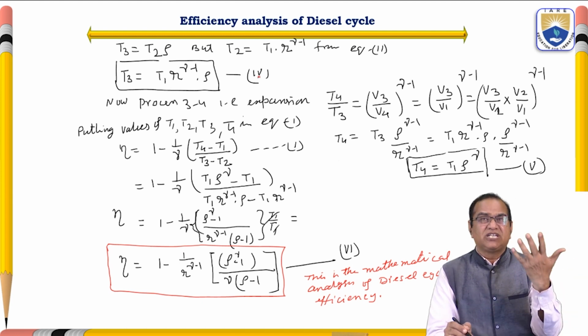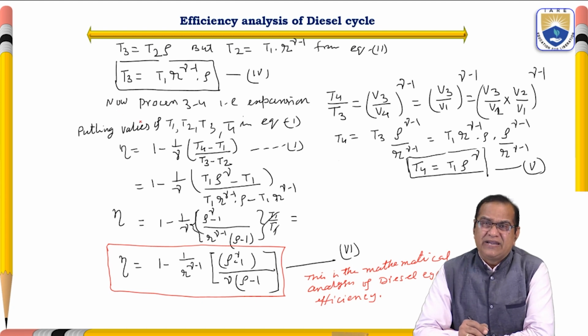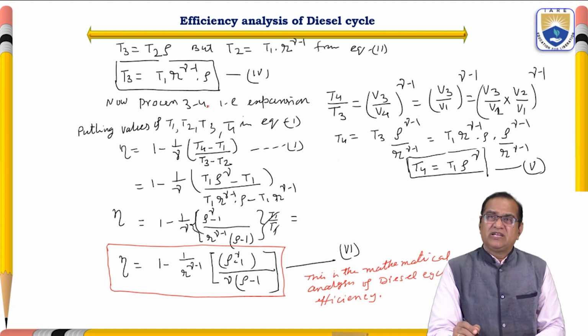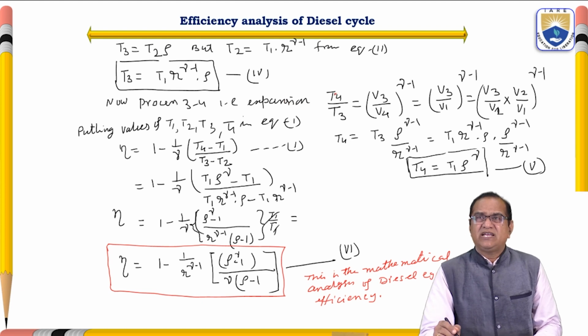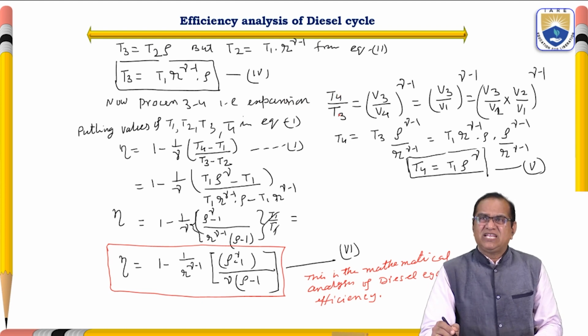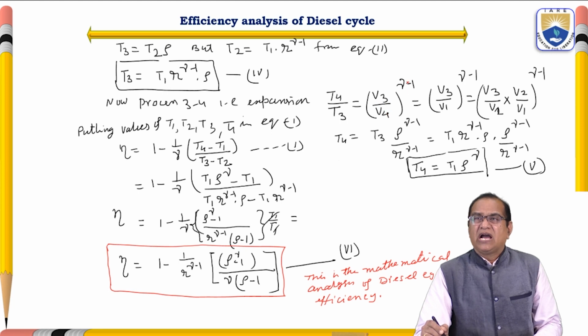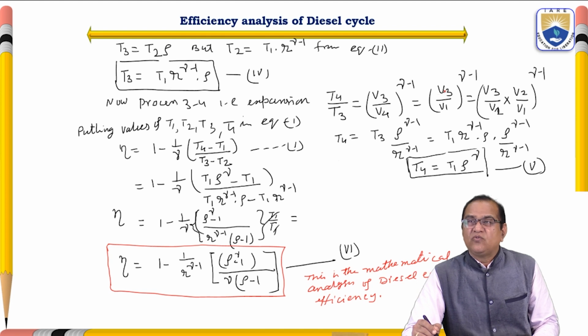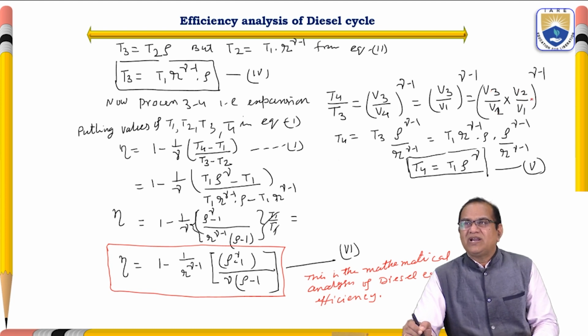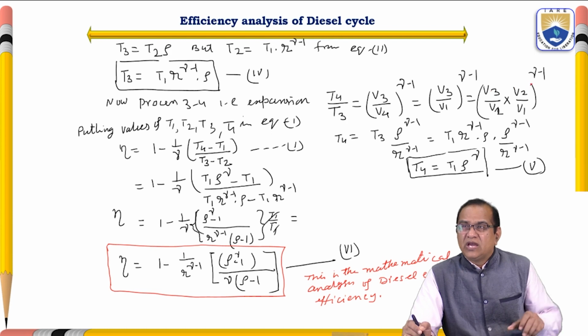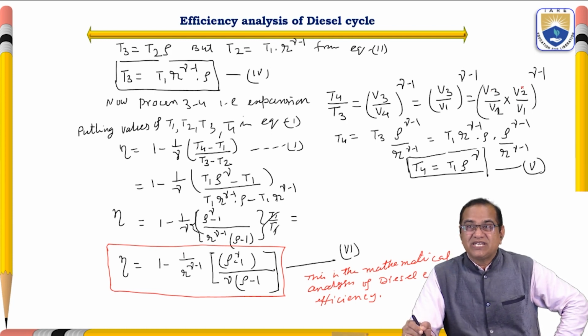Now we have to find T4, taking the isentropic process 3-4, the expansion. We can write that T4 by T3 is equal to (V3 by V4) to the power gamma minus 1. V4 is equal to V1, so we can write (V3 by V1) to the power gamma minus 1. If we take (V3 by V2) into (V2 by V1) to the power gamma minus 1, V2 by V1 is the inverse of the compression ratio, 1 by r, and V3 by V2 is equal to rho.